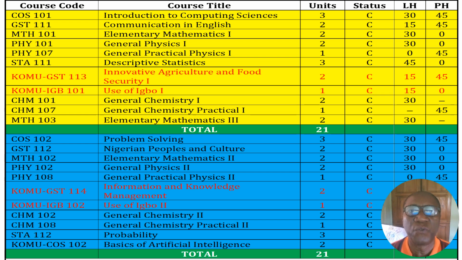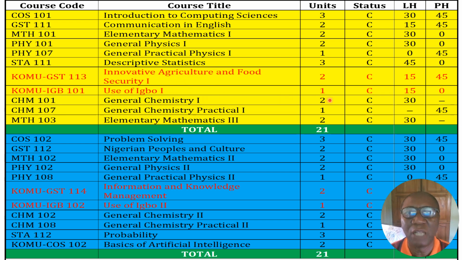And for the case of cybersecurity, you can now see what we have done. Remember, we started with these ones, 1, 2, 3, 4, 5, 6. These are the 70% component first semester CCMAS for cybersecurity. Now, 1 and 2, that is KOMU GSC 113 and KOMU Igbo 112, are compulsory GST KOMU 30% courses.